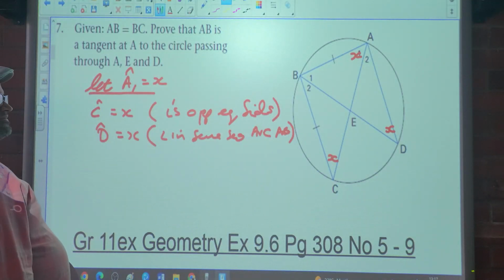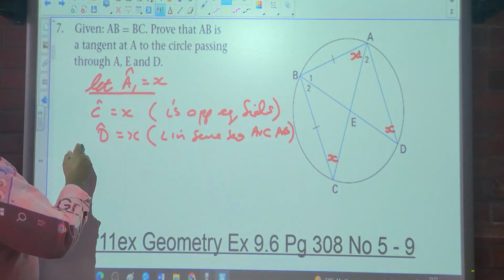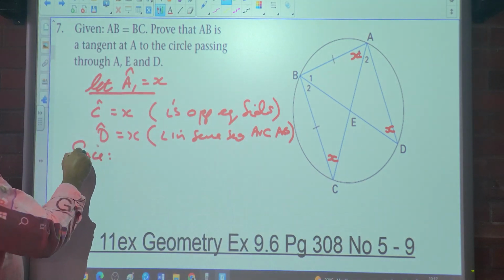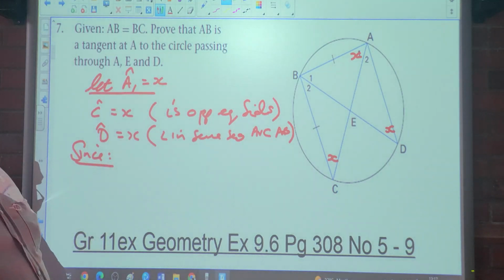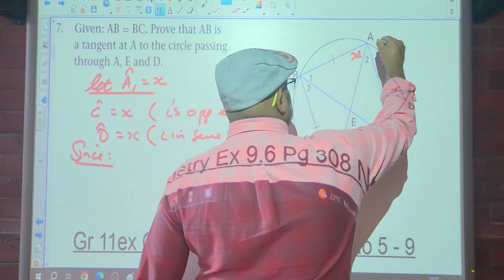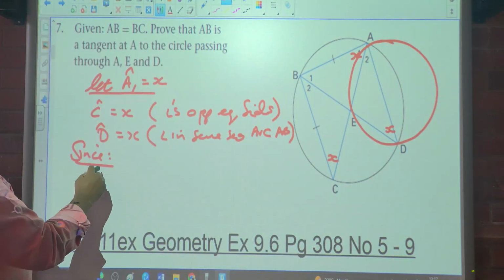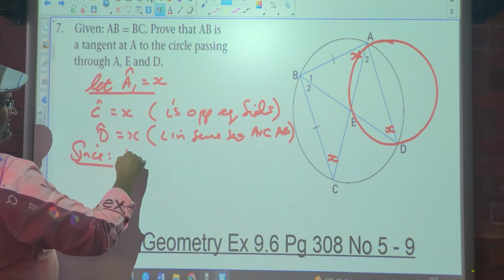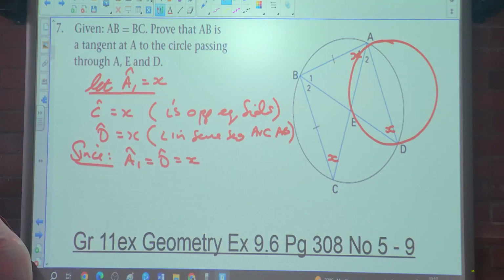Not so? So what do we say now? State the obvious. Since angle A1 is equal to angle D, which is equal to X.